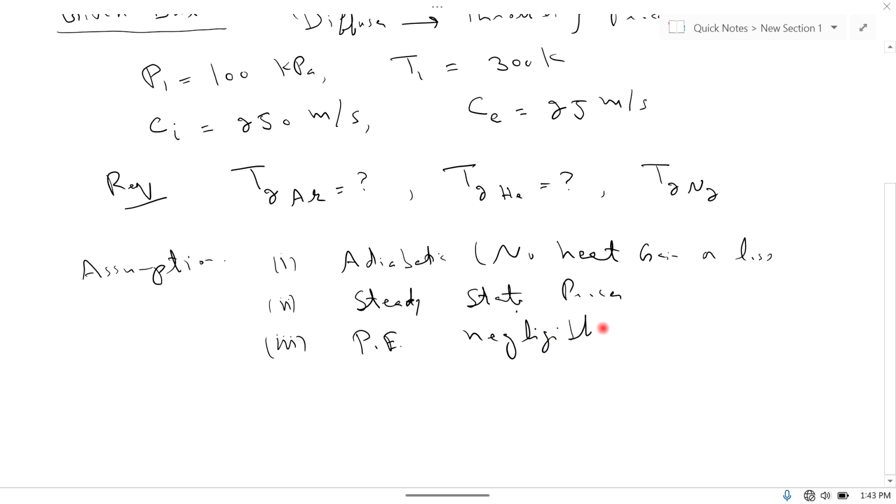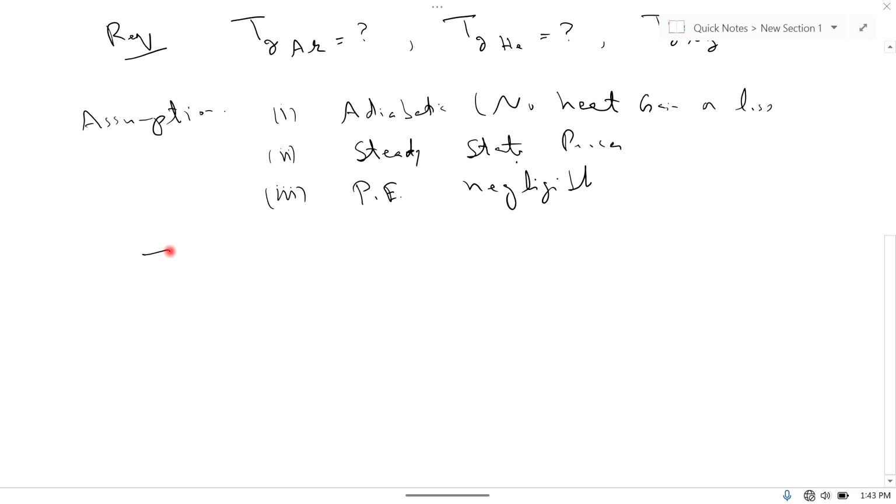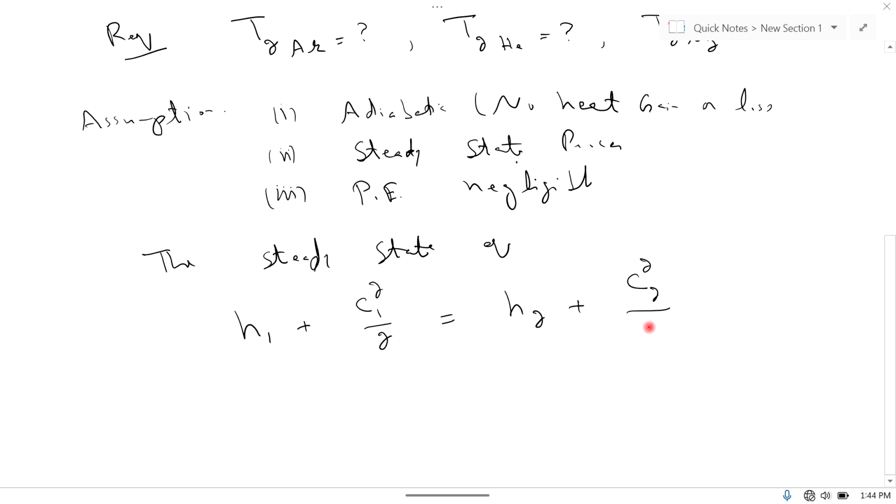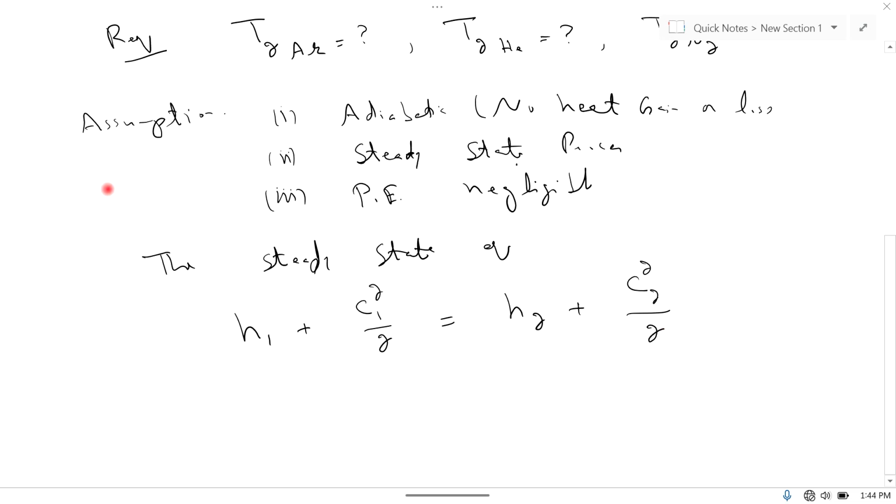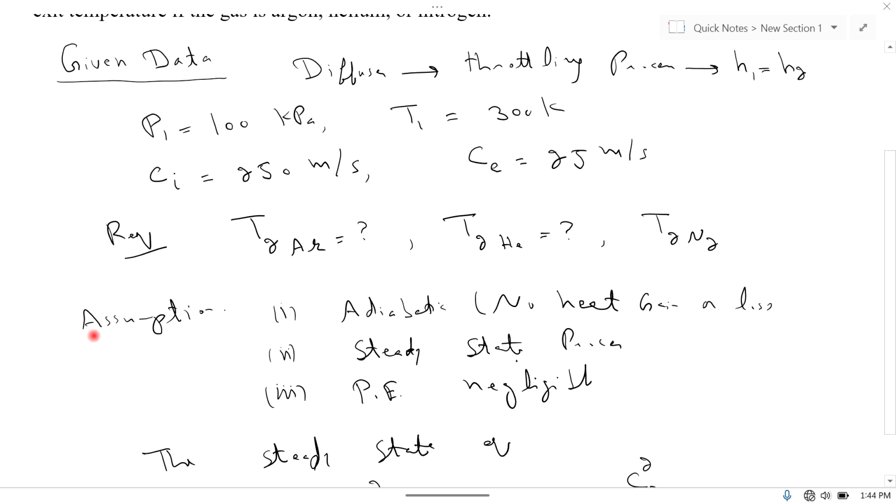So according to these assumptions, the steady state equation is H1 plus C1 square divided by 2, as potential energy is negligible, is equal to H2 plus C2 square divided by 2. H1 and H2 are enthalpies and C1 and C2 are inlet and exit velocities.